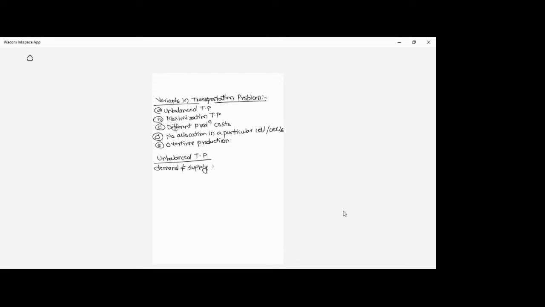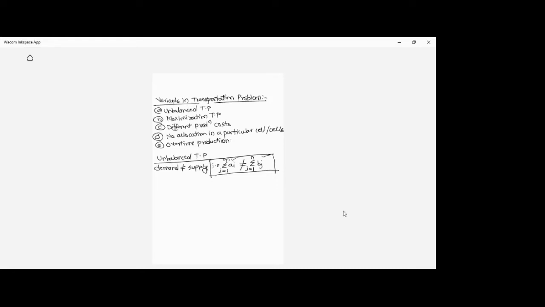So that means the summation of all the supplies of all these sources is not equal to the summation of all the demands of all the destination centers.